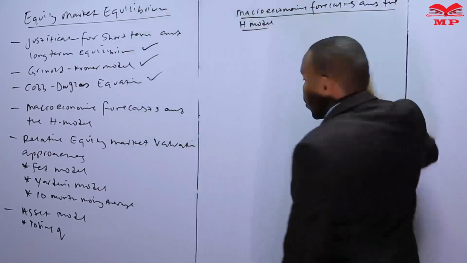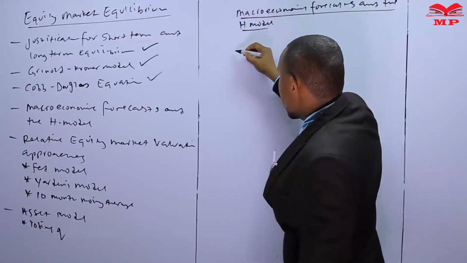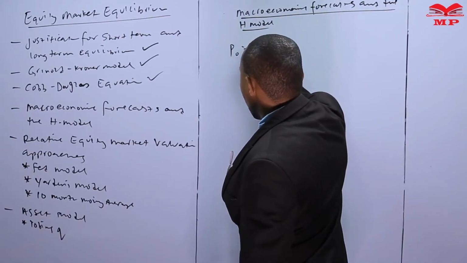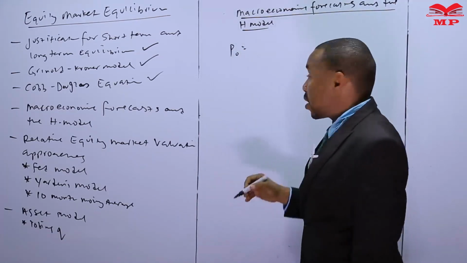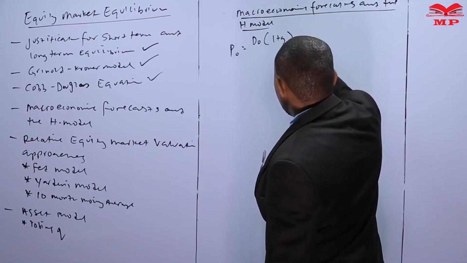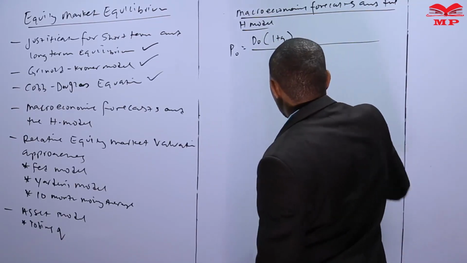H model. If you recall, under the dividend discount model, we had said that the H model, to determine the intrinsic value of a security, is given as P0 = D0(1 + GL) over (R - GL), where GL is the growth rate in the long term.